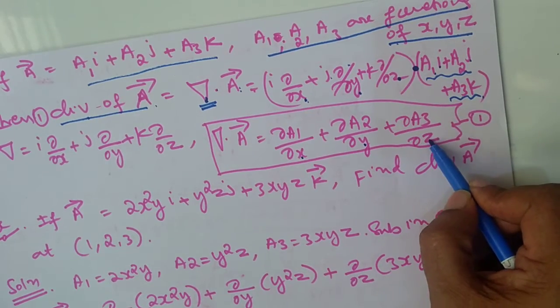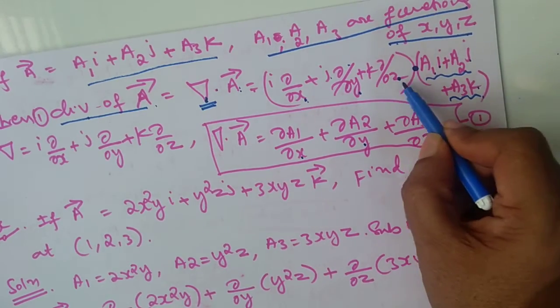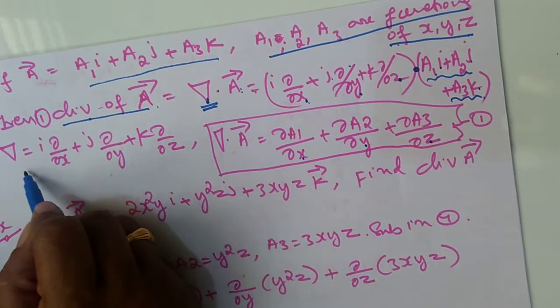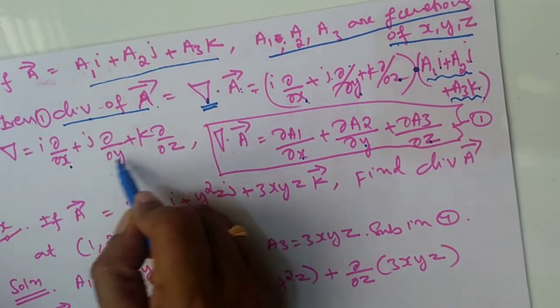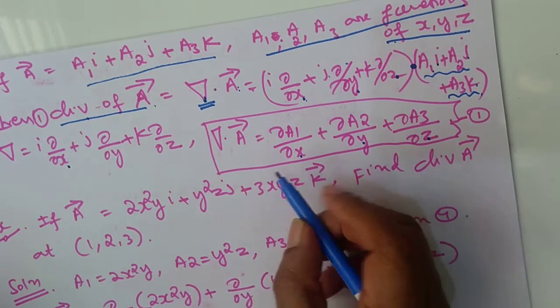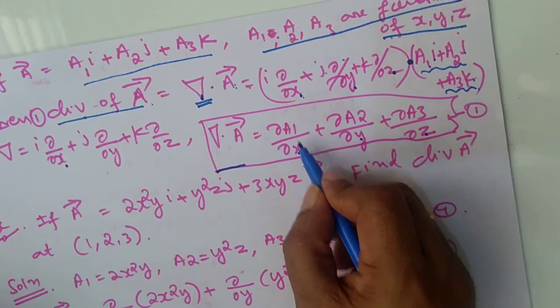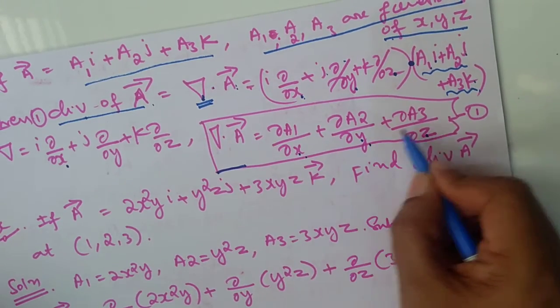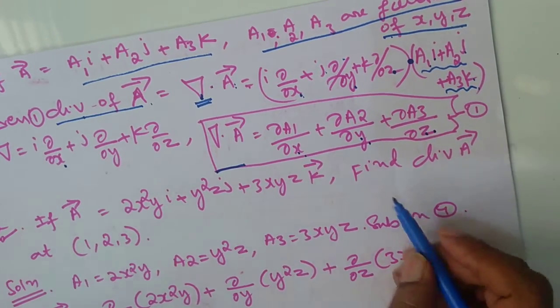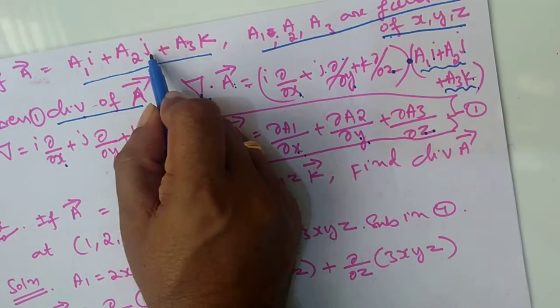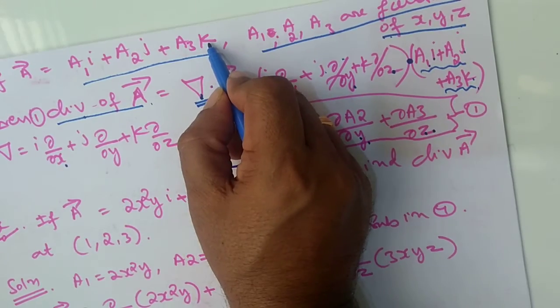Coefficient of k, dou by dou z, and coefficient of k is A3, so dou by dou z of A3. So whenever del dot A comes, you use this formula: dou A1 by dou x plus dou A2 by dou y plus dou A3 by dou z. A1 means coefficient of i, A2 means expression behind j, A3 means expression behind k.